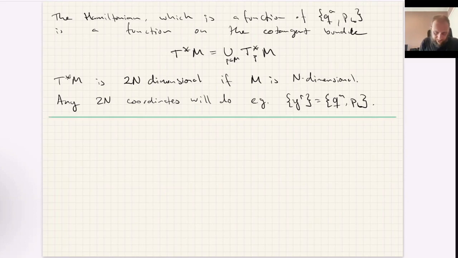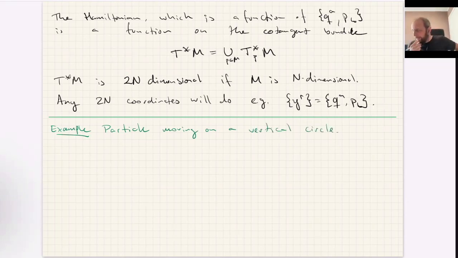So just to take an example here, let's consider a particle moving on a circle, a vertical circle. So essentially we would have something like this.